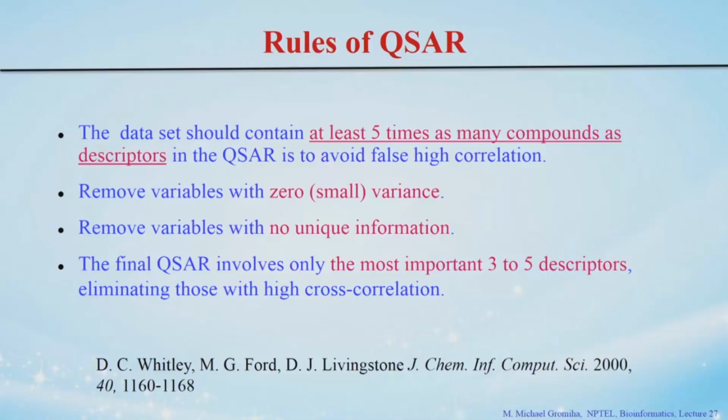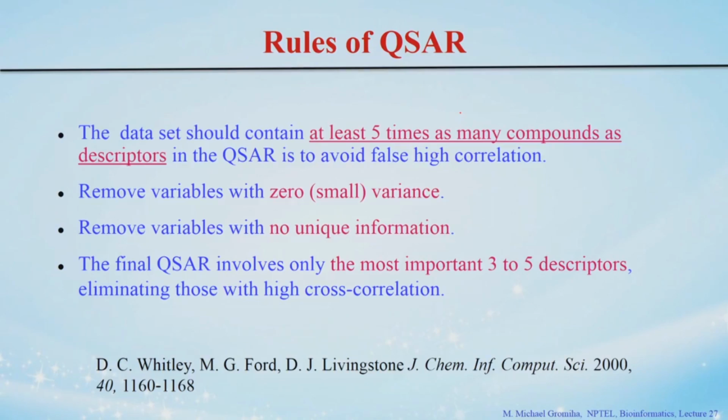So, then what are the various rules of QSAR? For example, if you have 100 data points, can we use 50 variables to relate the activity? We cannot do it. So, are there any rules? Generally, we can use a data set containing at least 5 times as many compounds as descriptors.